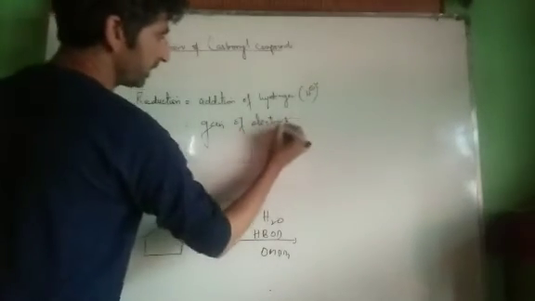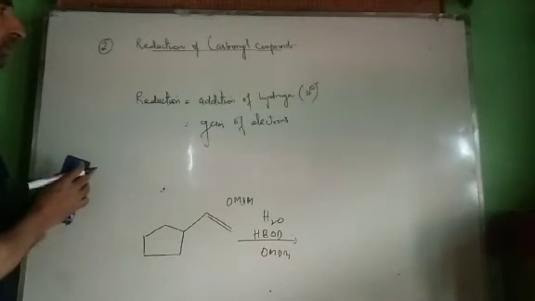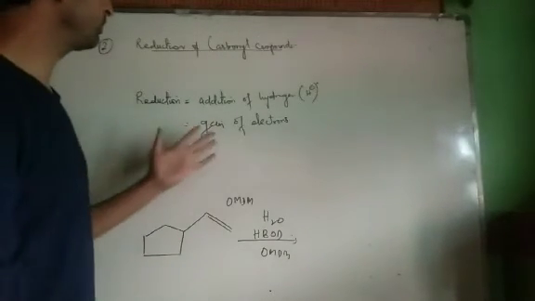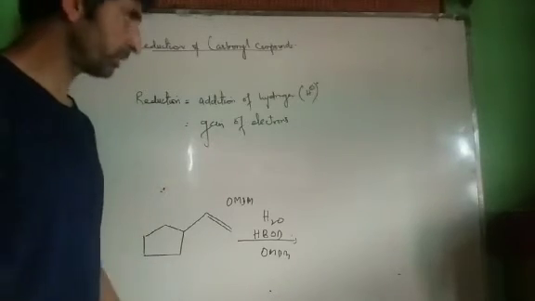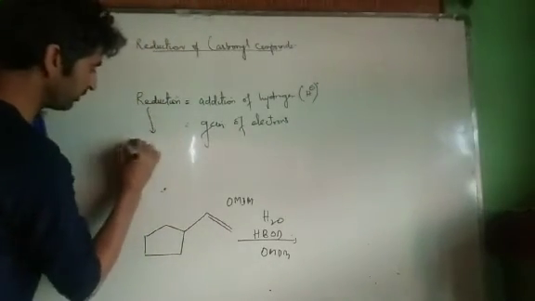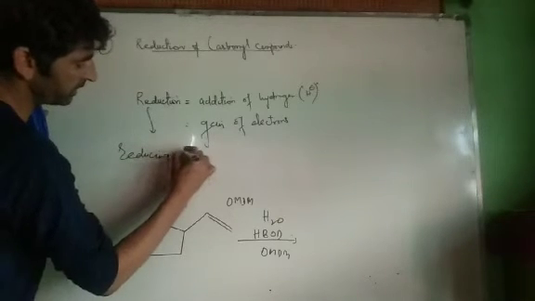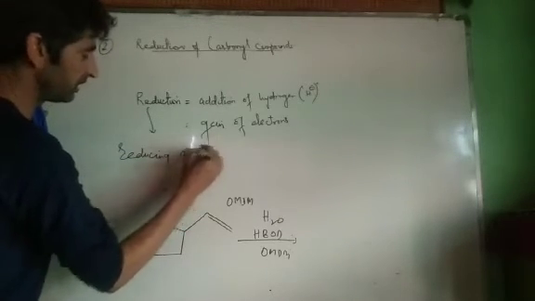Now this is reduction. How can we bring about reduction? In order to bring about reduction of different compounds, we have to remember certain reducing agents. Reduction is brought about by reducing agents. What is a reducing agent?